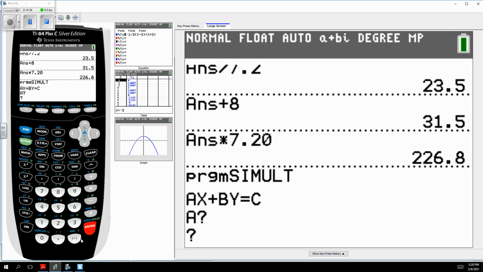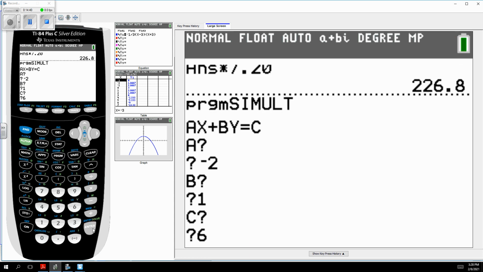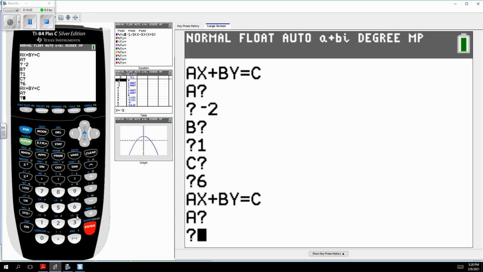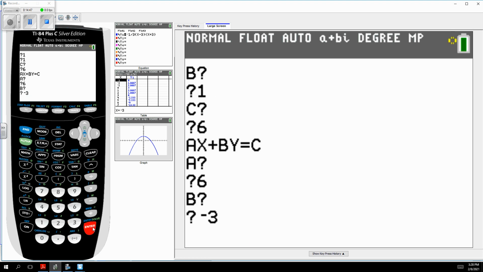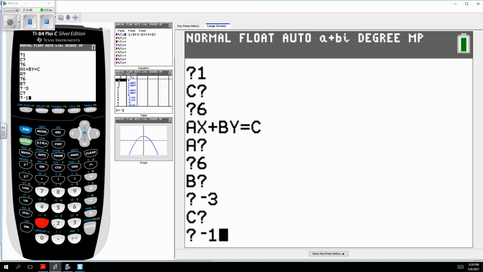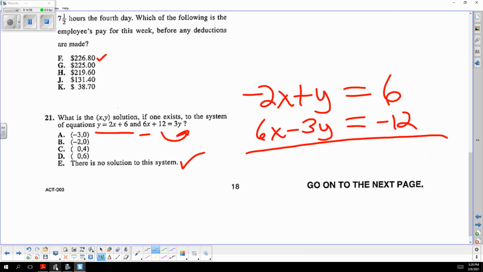But if you go -2, 1, 6 for the first equation, and for the second equation you go 6, -3, and -12, it's going to tell you something weird. It just gives you the same slope. So it's not going to help you find a solution because there ain't one.